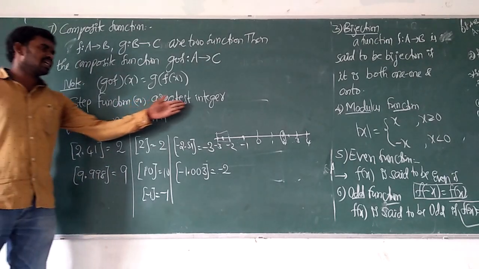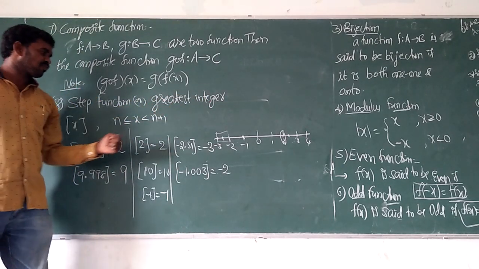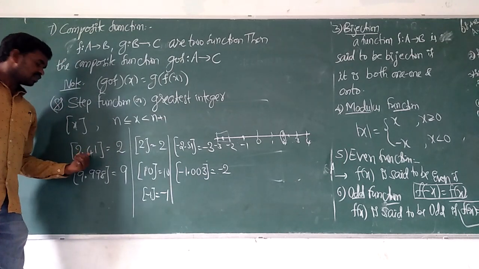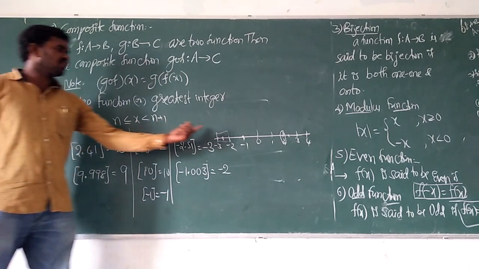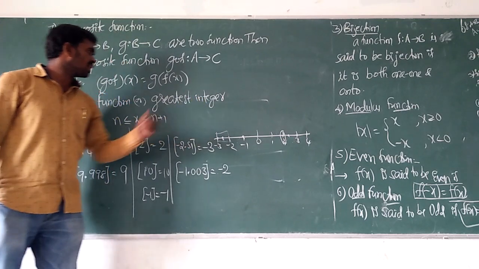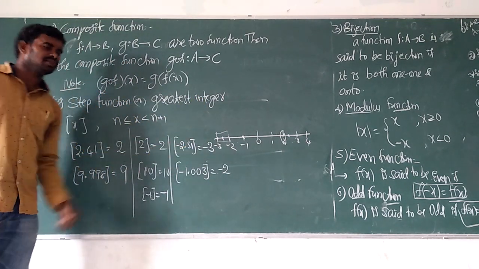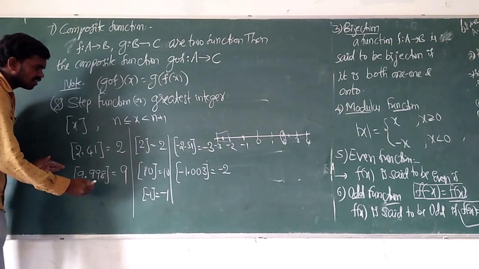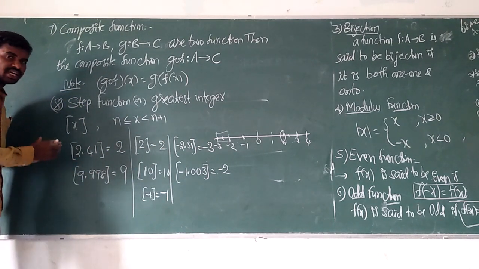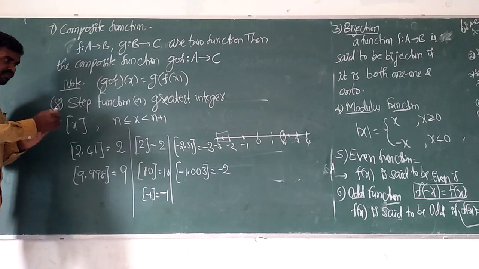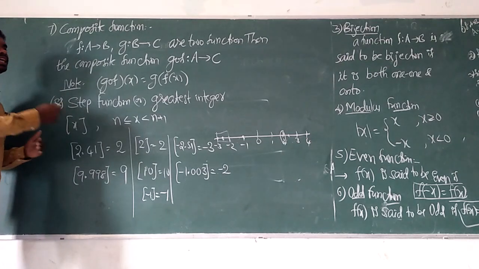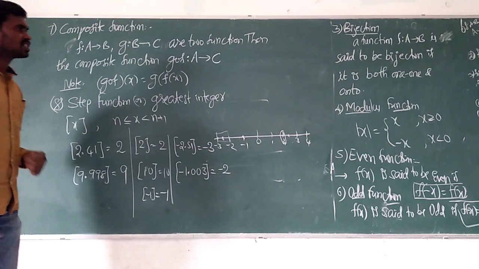We are calling it greatest integer because wherever the number lies between, we have taken the left hand integer. So we can give the definition that step x value is always the nearest integer to the left hand side.